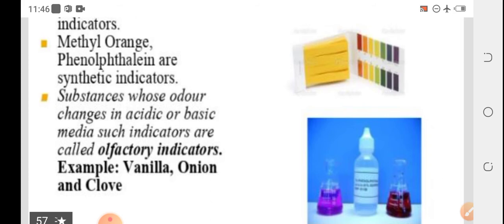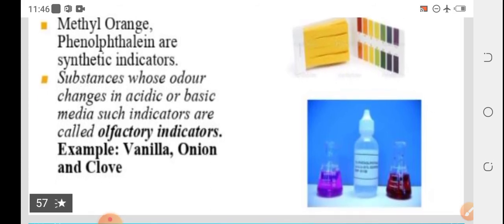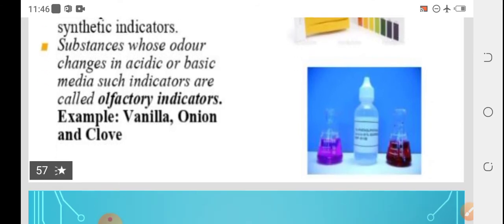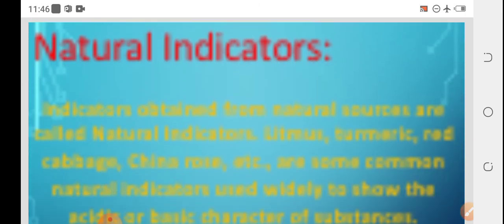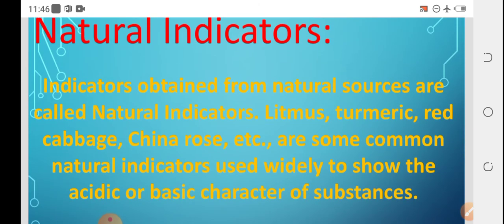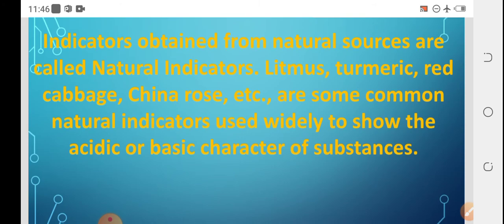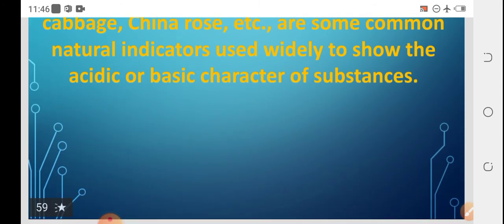Substances whose odor changes in acidic or basic media are called olfactory indicators, for example vanilla, onion and clove. There are many types of indicators, but I am talking about natural indicators, which are obtained from natural sources, such as litmus paper, turmeric, red cabbage and China rose, used widely to show the acidic and basic character of substances.